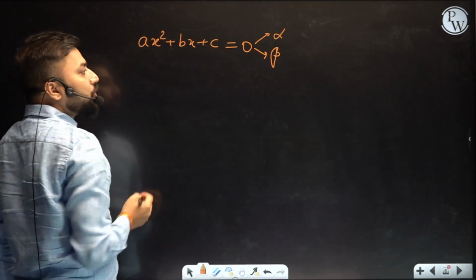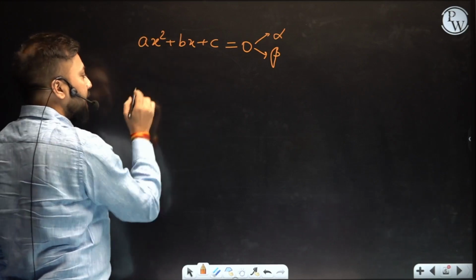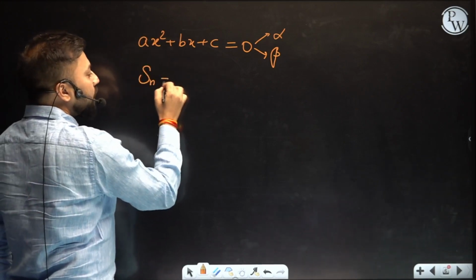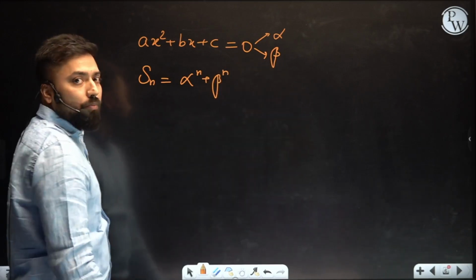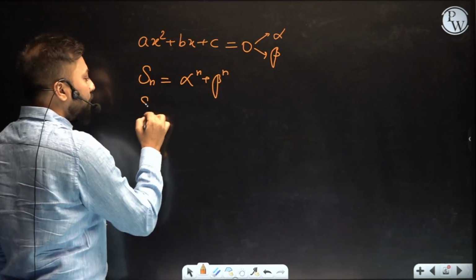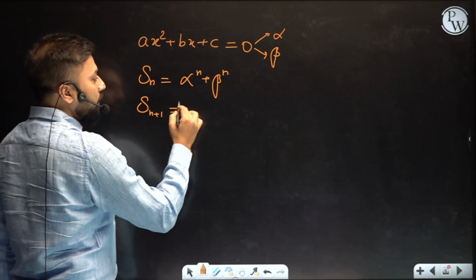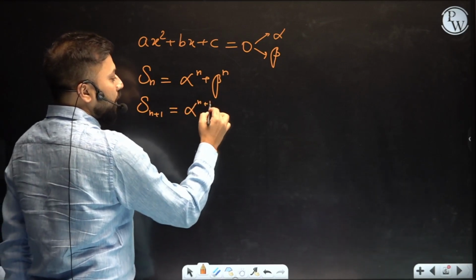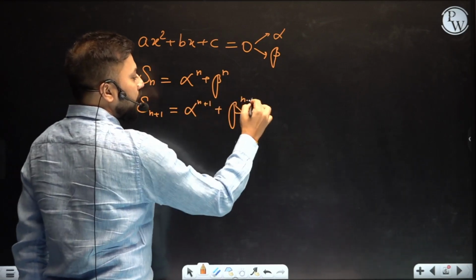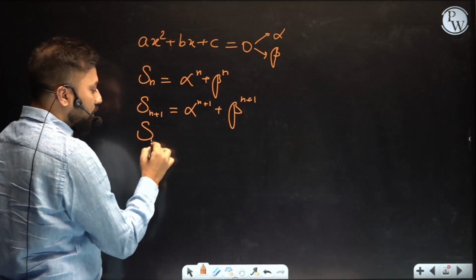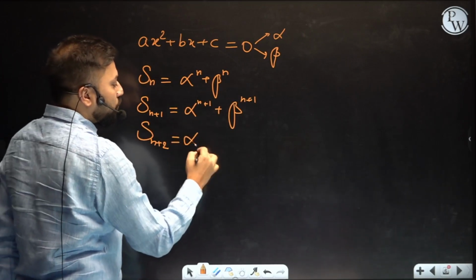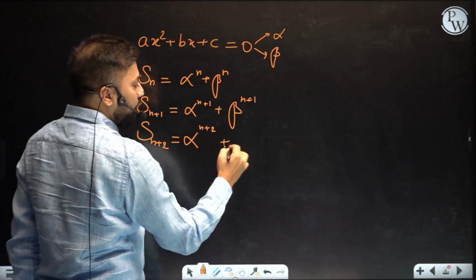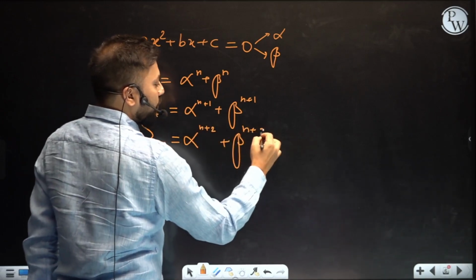So what was Sn? Sn was alpha raised to power n plus beta raised to power n. Sn plus 1 would be alpha raised to power n plus 1 plus beta raised to power n plus 1, and Sn plus 2 will become alpha raised to power n plus 2 plus beta raised to power n plus 2.